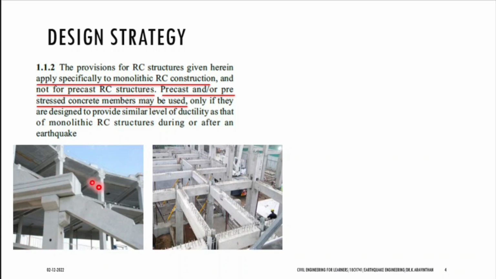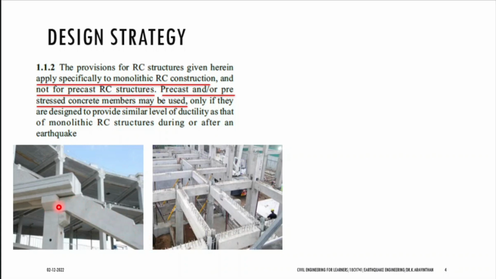See this picture. These are all prefabricated elements. They are fabricated in the industry, and you can see this is a beam. A beam is being fabricated, and you can see a corbel. This is known as a corbel. In a column you will have this kind of corbels, and they just erect these beams on that corbel.